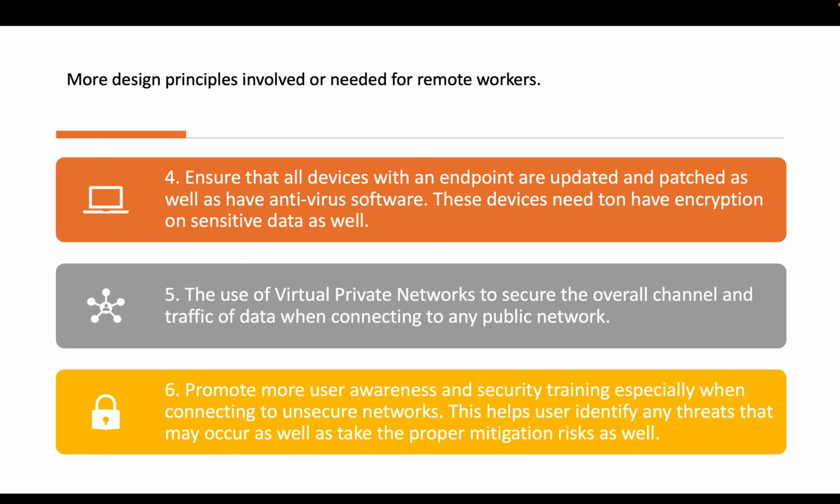Number 4, we can ensure that all devices with endpoints are updated and patched, as well as have antivirus software. They need to have encryption for the sensitive data. This is very important because antivirus software is a very cool tool which helps you detect any software which potentially might be on your actual device.